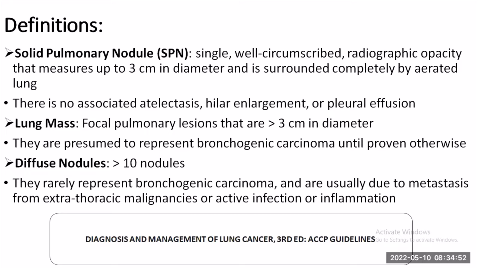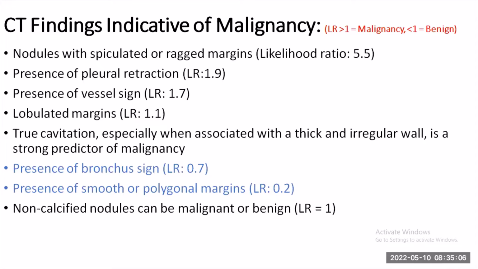Diffuse nodules, when the number of nodules is more than 10, rarely represent a bronchogenic carcinoma and are usually due to metastasis from extrathoracic malignancies or active infection or inflammation. So there are some CT findings which indicate that a particular nodule or mass is malignant.